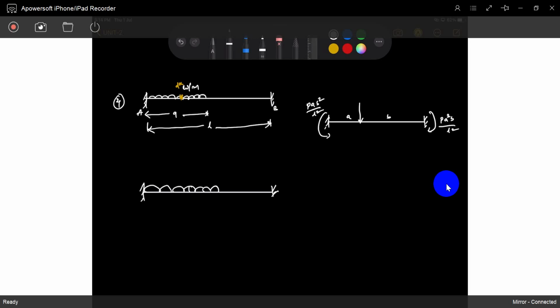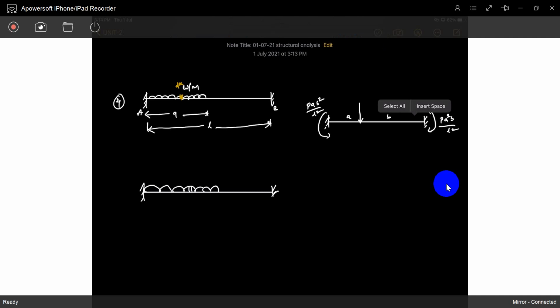I take a small length, and that length is dx. It comes from distance x. It is a very, very small, infinitesimal load.